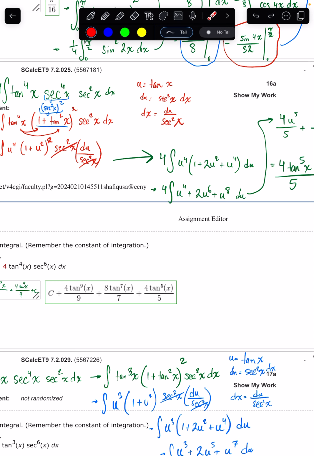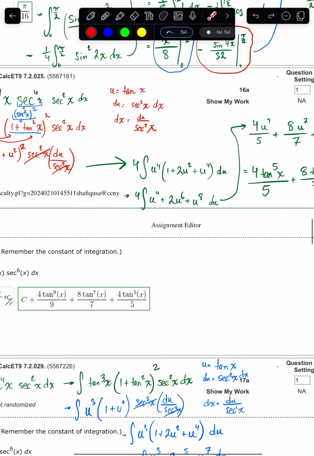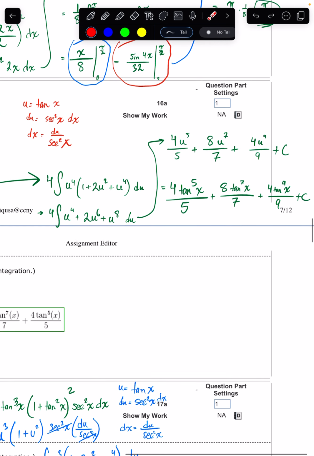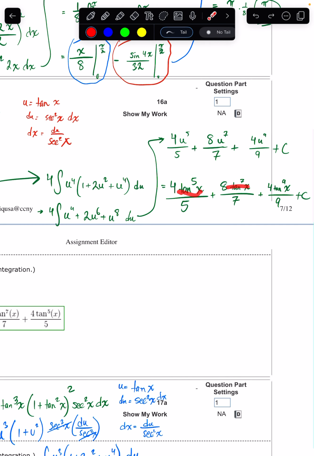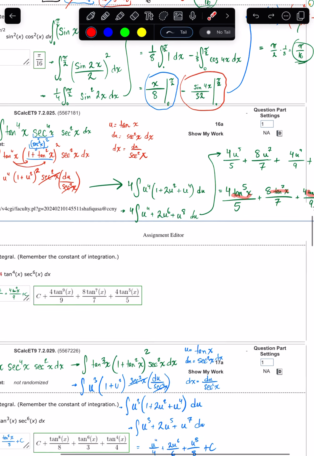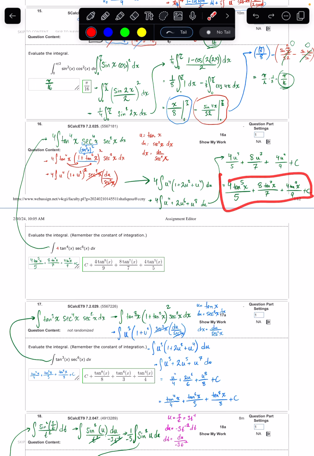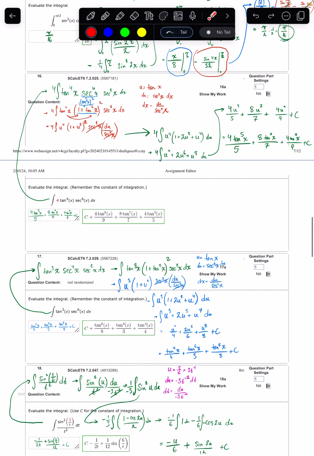And you should get u to the 4 plus 2u to the 6, u to the 8, and simple integration after that. And then you can plug back in the u values. The u, which is tan x. And this should be your final answer. Yep.